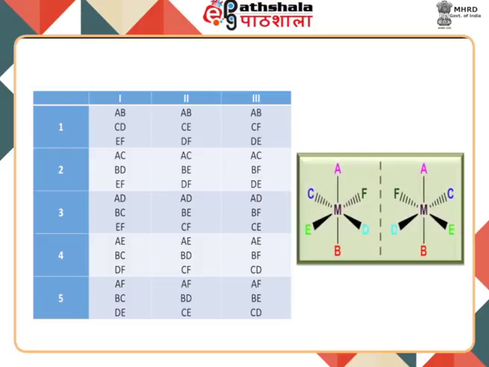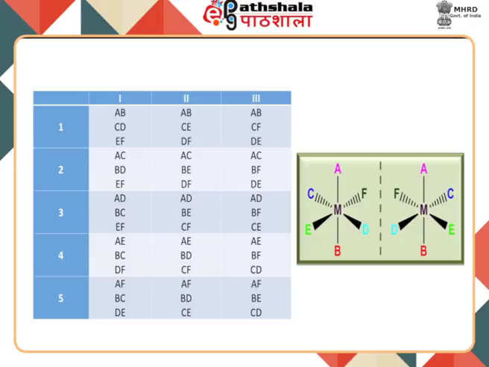Now, each isomer listed in the table is dissymmetric, but they are not related to each other as mirror images. So, they are called diastereomers. Diastereomers may be chiral or they may be achiral.